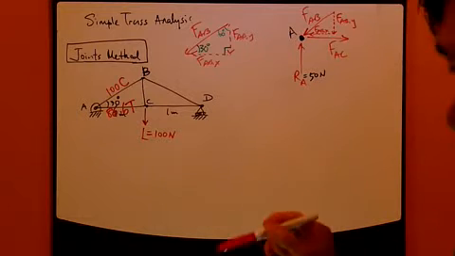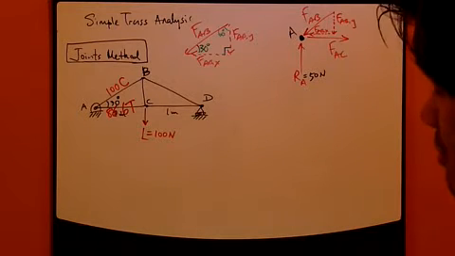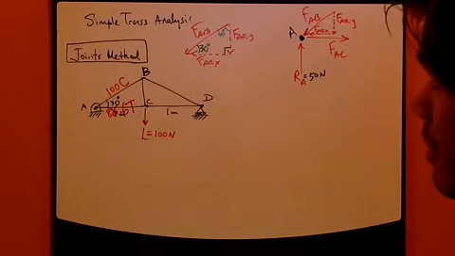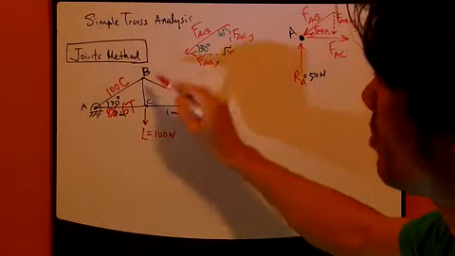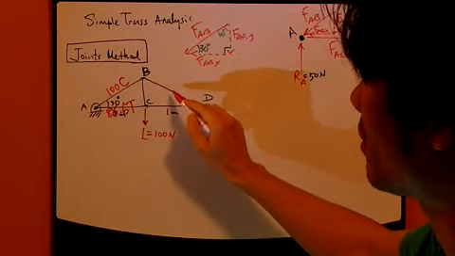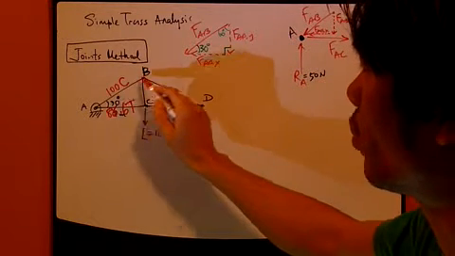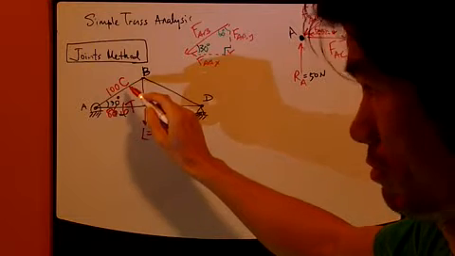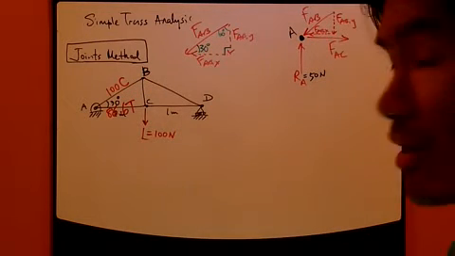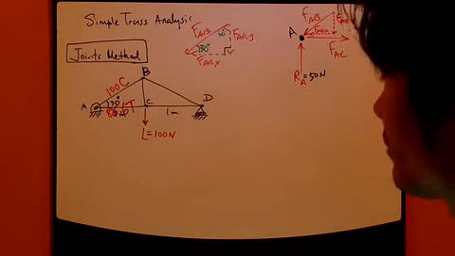Keep in mind, a joint should have no more than two unknown forces. So let's say for joint B. Joint B has three forces acting on it, one of them being a known quantity now, so two unknowns, that's fine, that's good.